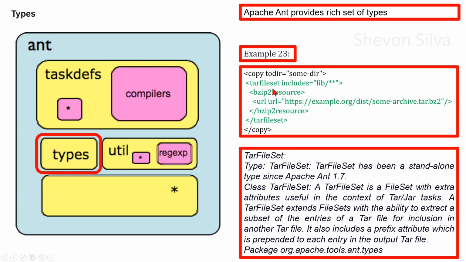This is in the package org.apache.tools.ant.types. Here in this example, you can see it downloads the sun-archive.tar.bz2, uncompresses and extracts it on the fly, copies the contents of the lib directory into some-dir and discards the rest of the archive.